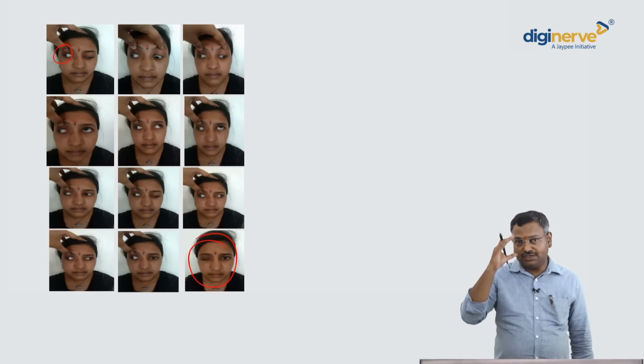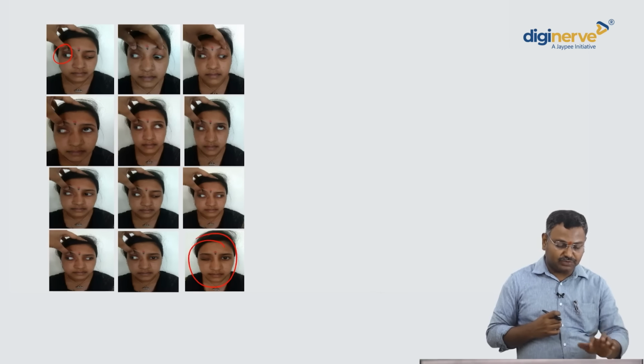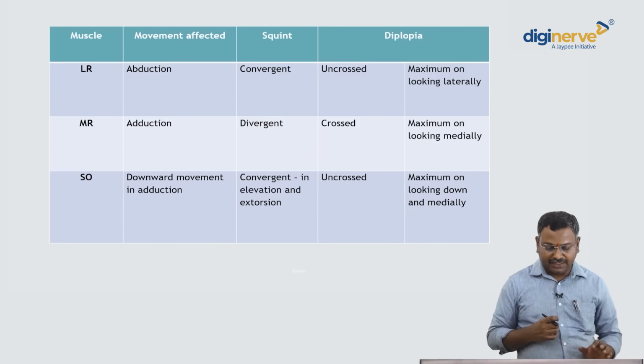The only functions preserved in a third nerve palsy are lateral rectus, and you can see the patient is able to get the superior oblique function also. In the primary position you have a complete ophthalmoplegia where the ptosis is there as well as the pupil is dilated. This was because of the aneurysm that was compressing the nerve.